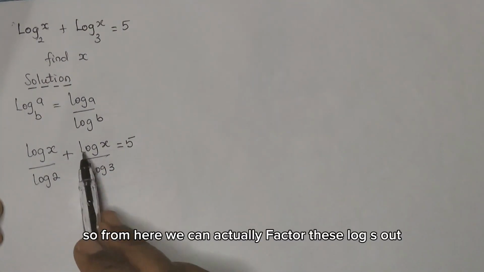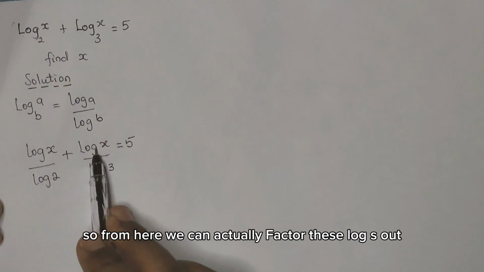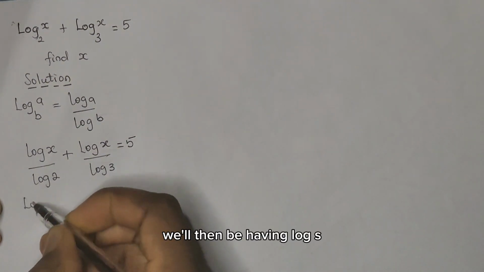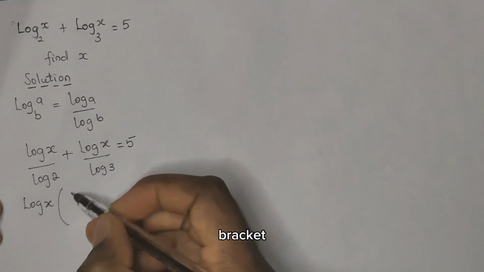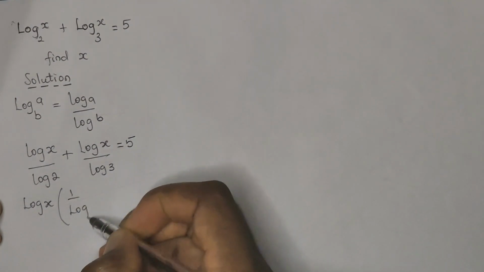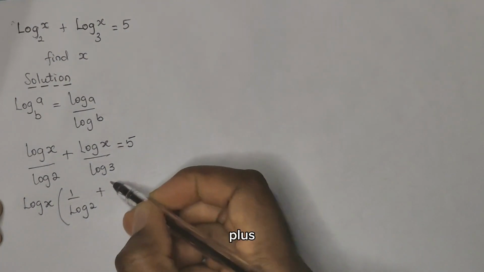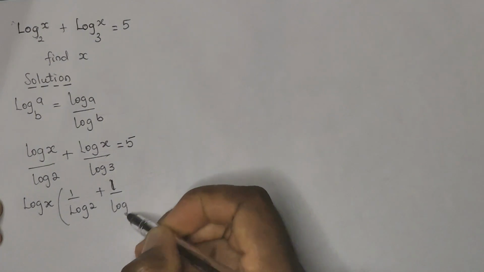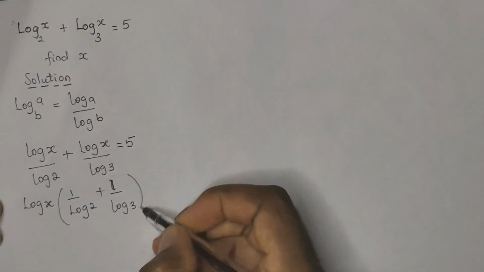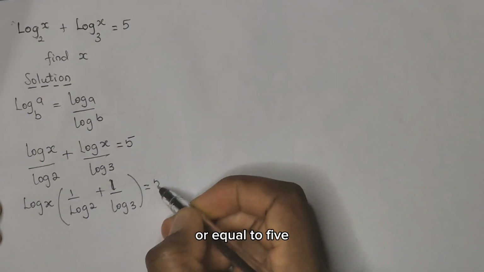So from here we can actually factor this log x out. We'll then be having log x, bracket 1 over log 2 plus 1 over log 3, equal to 5.